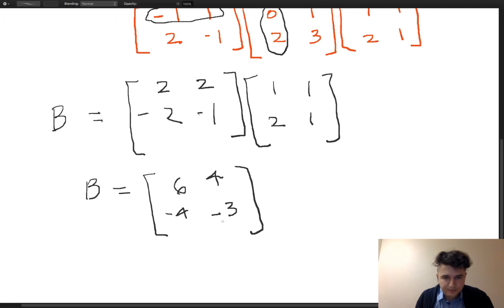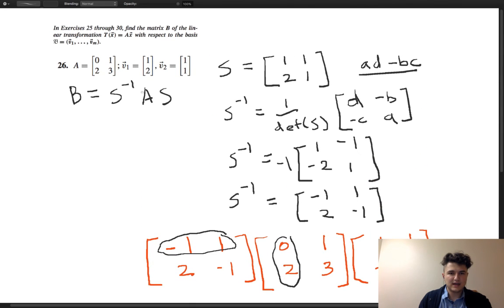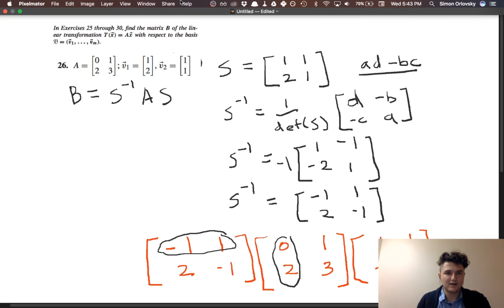So, great, this is the B matrix. This is us taking this matrix and putting it with respect to this basis over here. So, yep, that's how you find the B matrix.